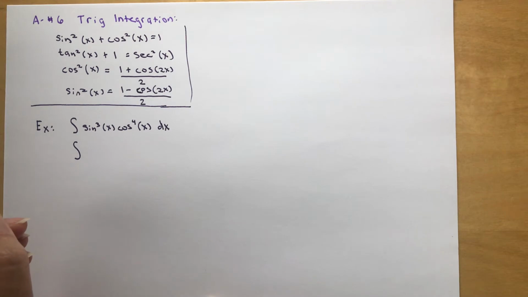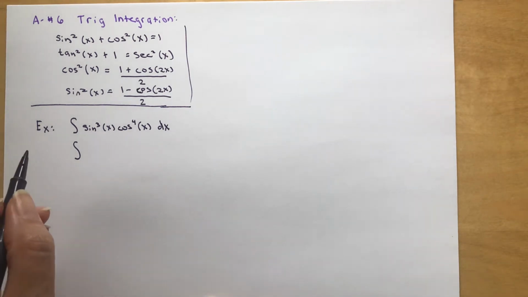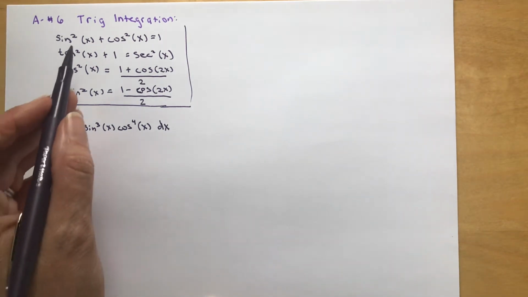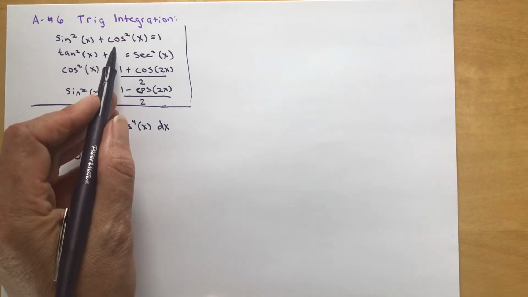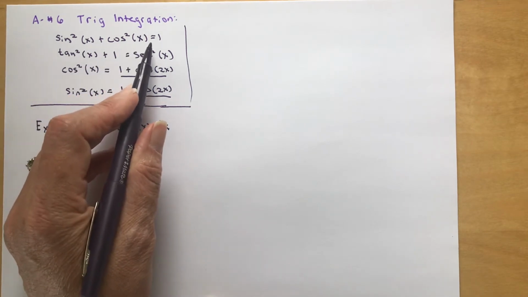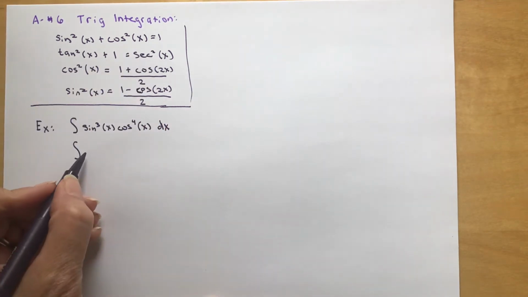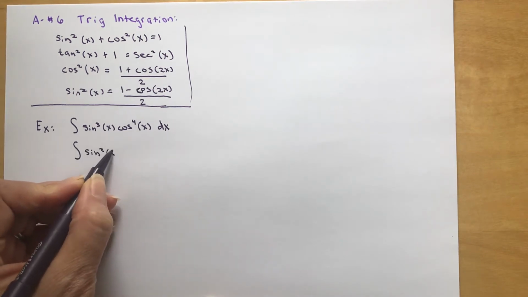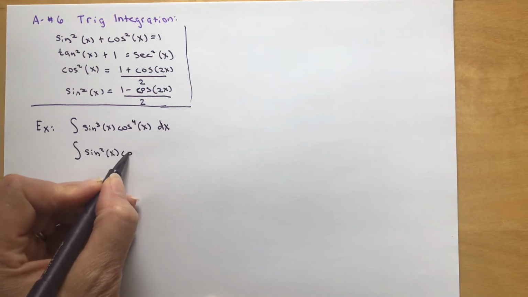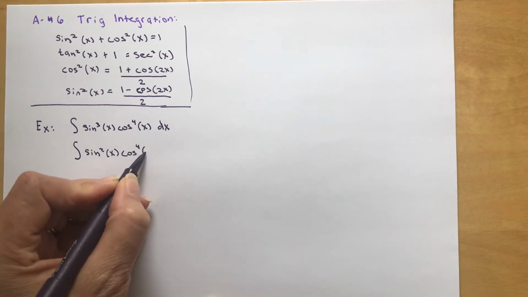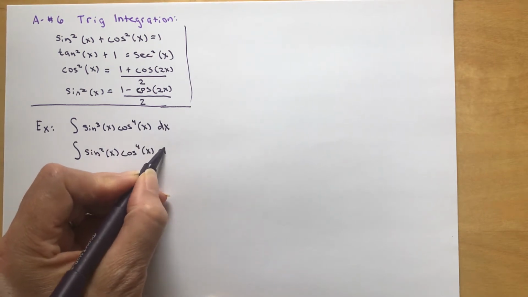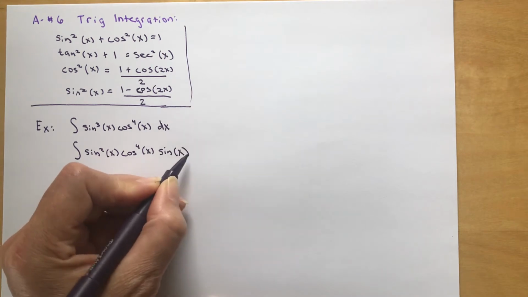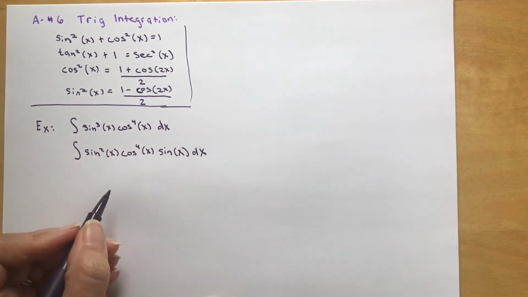So keep in mind that you can replace sine squared in terms of cosine squared, and so we're going to take advantage of that here. If I take this sine squared and the cosine to the 4th x, then I still have an extra sine x that's not accounted for, so I'm going to write it there.